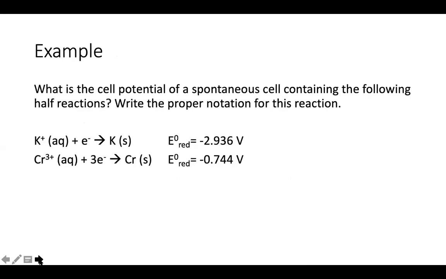And so here's an example we did at last SI. It's a spontaneous cell. Here are our two half reactions, and I solve it using both methods. Because this is a spontaneous cell, it has to have a positive E value. That indicated to me that I had to flip my potassium half reaction, so I did that.